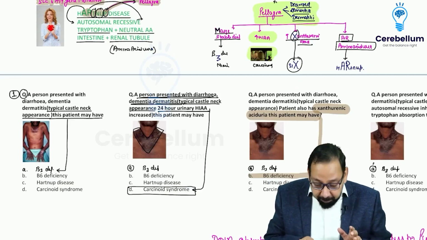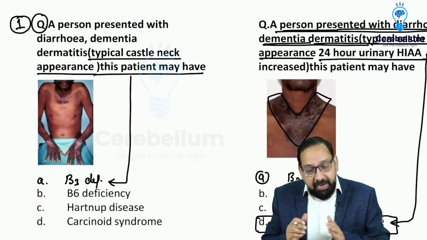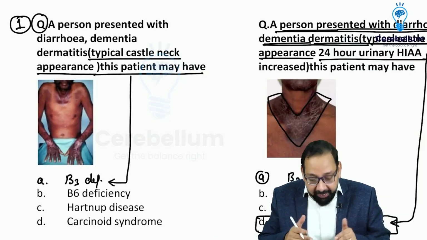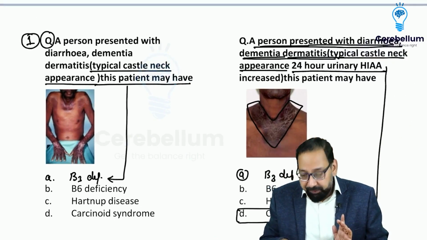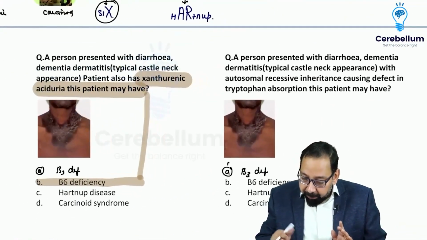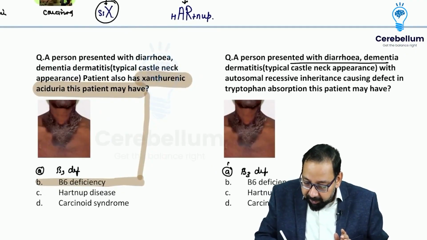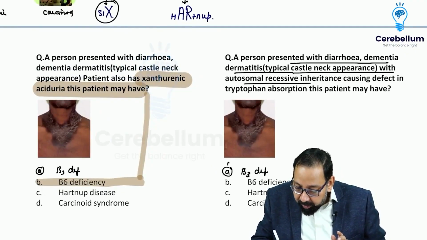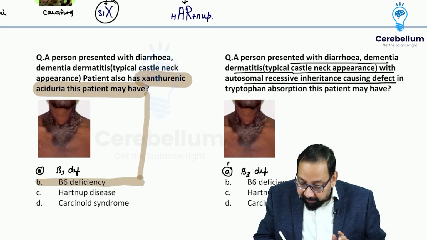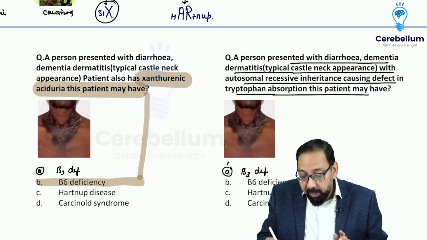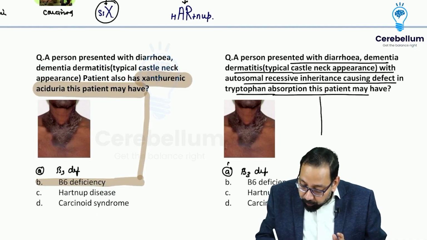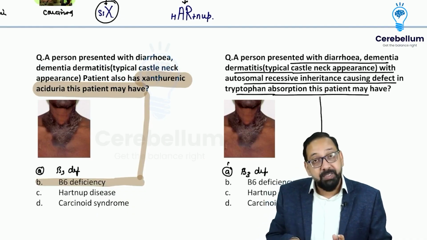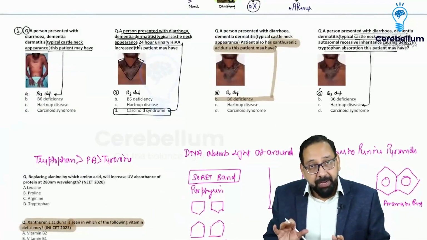If they simply give diarrhea, dementia, dermatitis, or maize as staple diet, the answer would be B3 deficiency. And in this question, a person presented with diarrhea, dementia, dermatitis, typical Casal's necklace appearance, there is autosomal recessive inheritance, defect in absorption of tryptophan or amino aciduria, you will mark the answer Hartnup disease. So these are differential diagnoses.